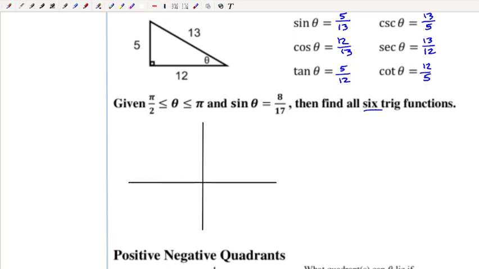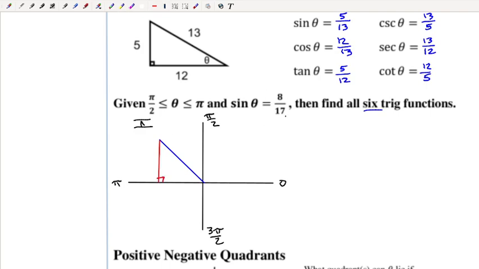So here I have my 4 quadrants. This is 0, this is pi over 2, this is pi, and this is 3 pi over 2. So if I'm between pi over 2 and pi, that must mean I'm in quadrant 2 over here. And just roughly put in your angle, it doesn't really matter if you're that exact, and then drop the perpendicular.